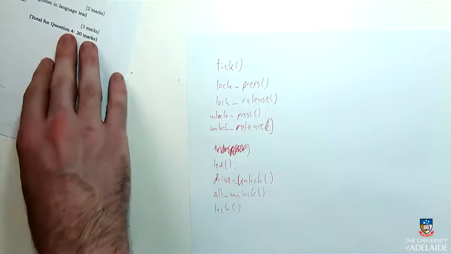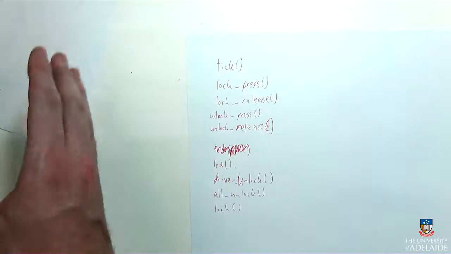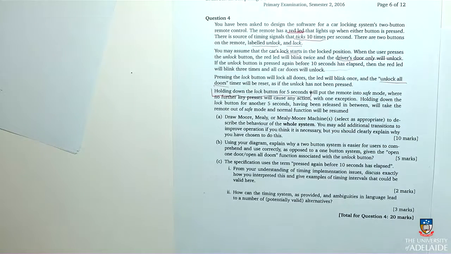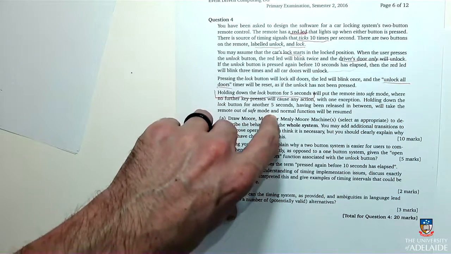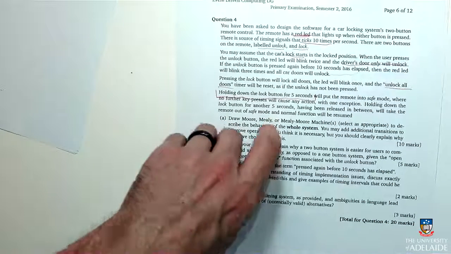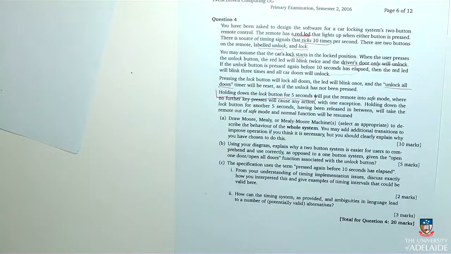Now this question is open. It just lets us do whatever, which is arguably a good or a bad thing, because a Mealy-Moore machine is clearly the best way to do this, but past exams for this course have explicitly specified which type of system they want you to draw.